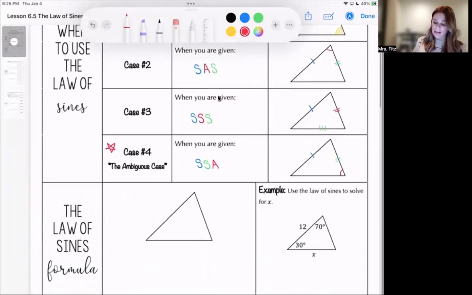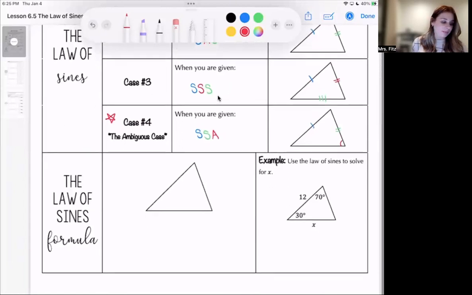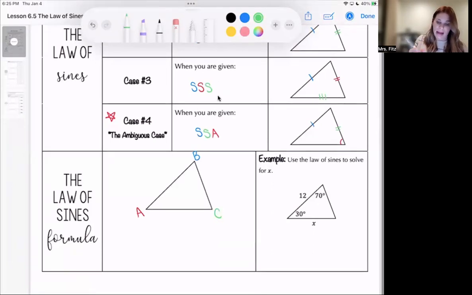Okay, let's take a look at a basic example with the formula. Let's go ahead and label this triangle A, B, C. Remember, using our notation, the side opposite of capital A would be lowercase a. Side opposite of big B would be lowercase b. And side opposite of big C would be lowercase c.